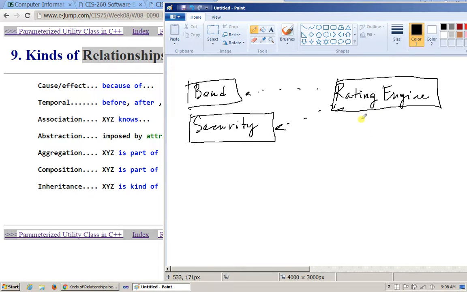So anyway, if we add a lot of financial information into the security and into the bond, the rating engine can go directly and basically access a lot of information over here and over here in order to be able to provide this rating.